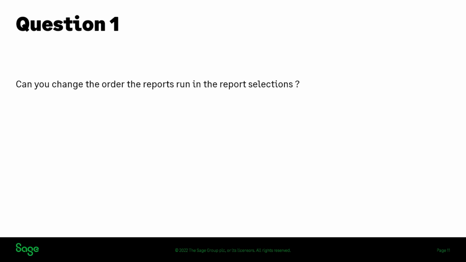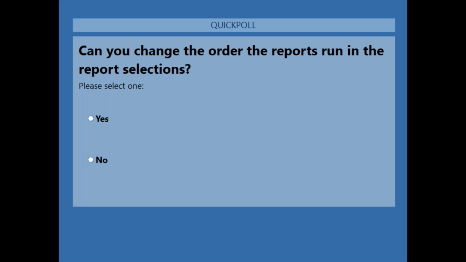So the first one is, can you change the order the reports run in the report selections? So let's bring up that one now. So it's a yes or no question. Can you change the order the reports run in the report selections part? So again, we will leave this on for a minute. You can, of course, still ask any questions that you might have whilst this is going on, so please feel free to pop those in on the right-hand side.